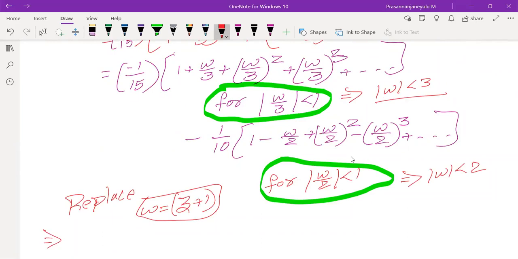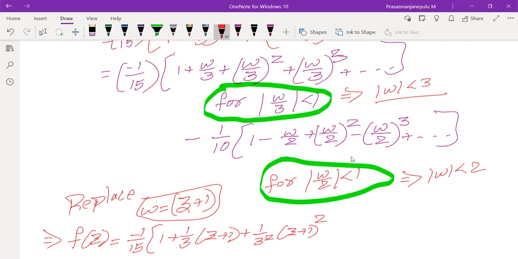That implies f of z equals to minus 1 by 15 into 1 plus 1 by 3 into z plus 1 plus 1 by 3 square into z plus 1 whole square plus and so on. This is 1 by 3, not 1 by 5.